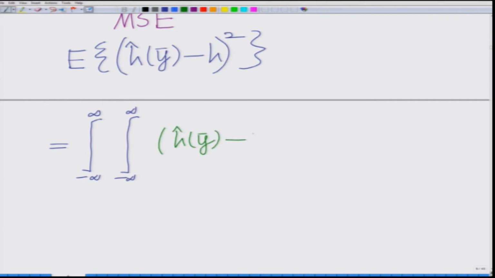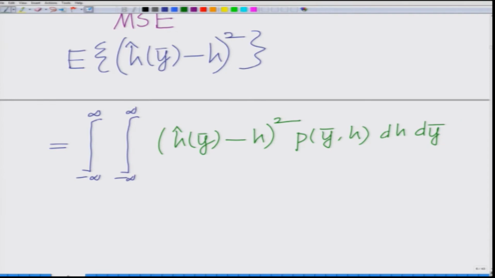I have to average this over the joint probability density function of the parameter and the observation vector.